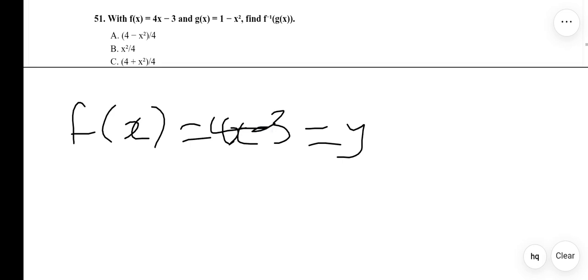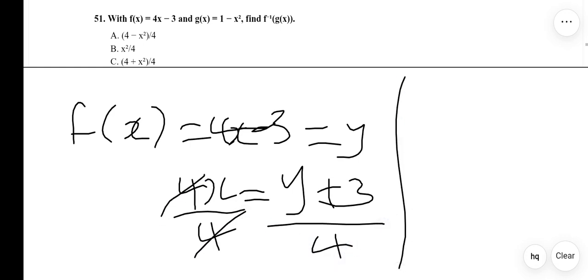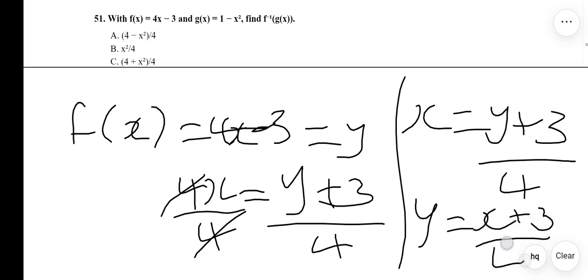This minus 3 will come to the other side to change to y plus 3 equal to 4x. And I'll divide both sides by 4. So this will cancel themselves. So I have my x to be y plus 3 all over 4. So remember, if I'm doing my inverse, I'll change my x to y and my y to x.